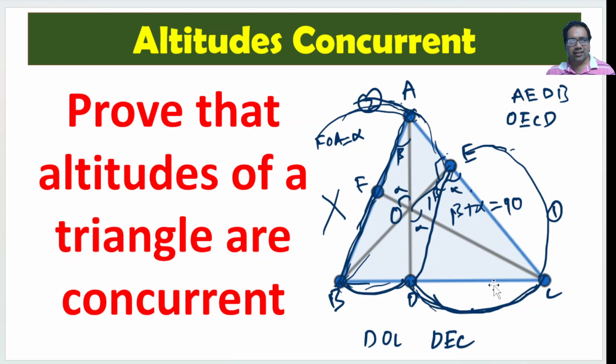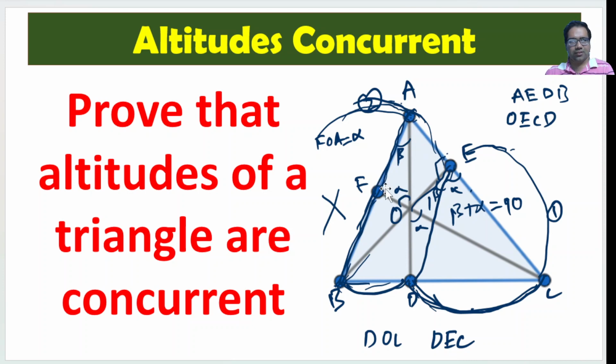Now, this CF is making 90 degrees. CF is a random line that is drawn through the point. Initially, we didn't know that it can make 90 degrees. But because of these two cyclic quadrilaterals and these circles, we have proved that alpha plus beta is also 90 degrees.